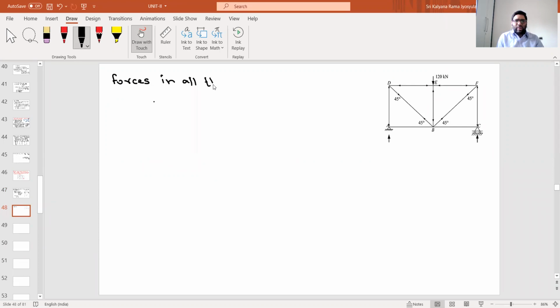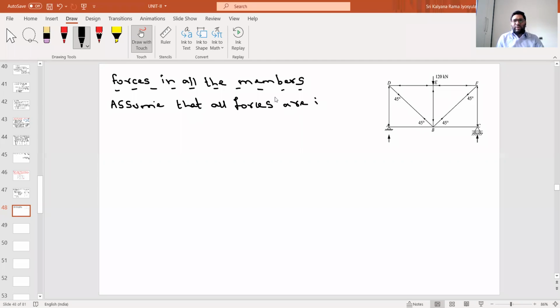For this, assume the direction of force to be tensile. Assume that all forces in members are in tension, so that it becomes very easy for us to solve. So anyways, inclination is 45 degrees.